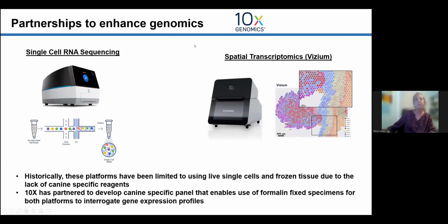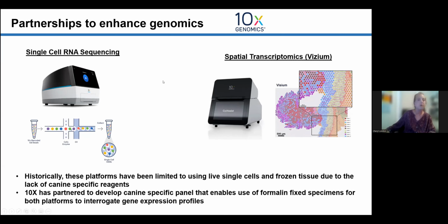Another partnership that we've developed really over the past year is with 10x Genomics. They have several different platforms, including one for single-cell RNA sequencing and another one for spatial transcriptomics, which uses a slightly different platform. Historically, these two platforms have been limited to using live single cells and frozen tissues due to the lack of canine-specific reagents.